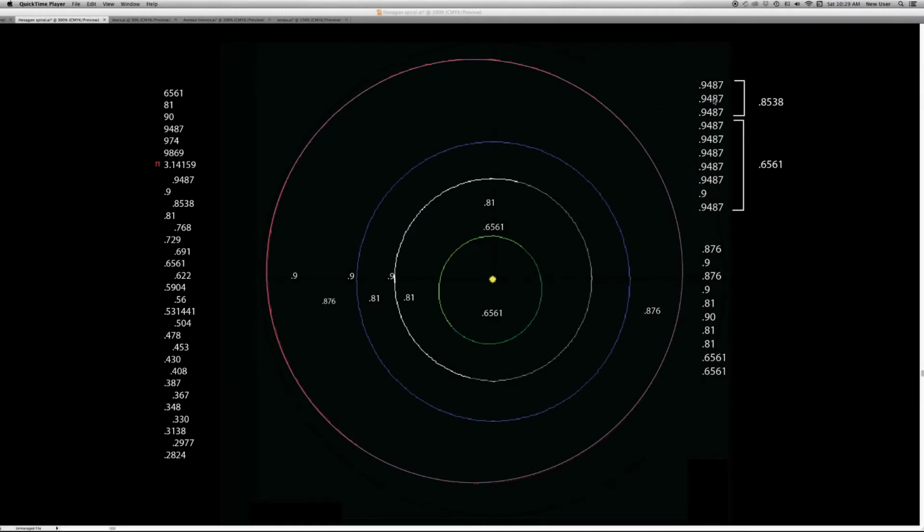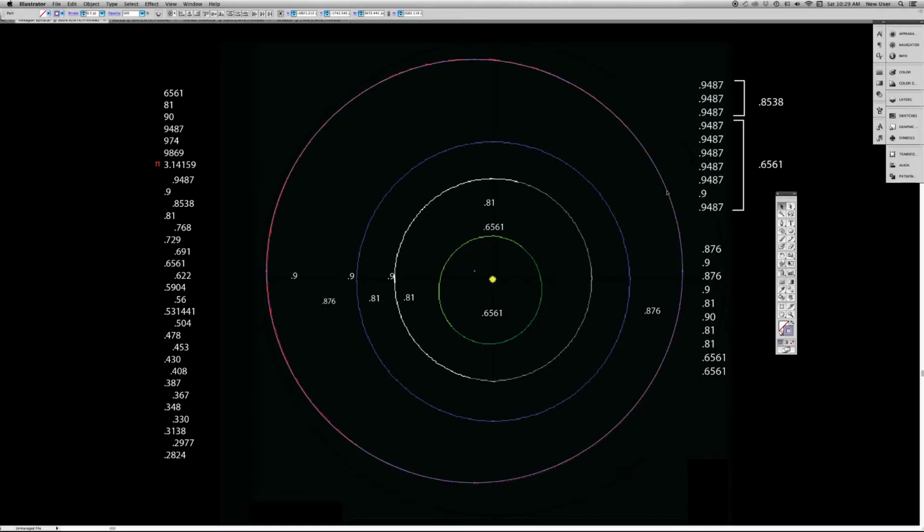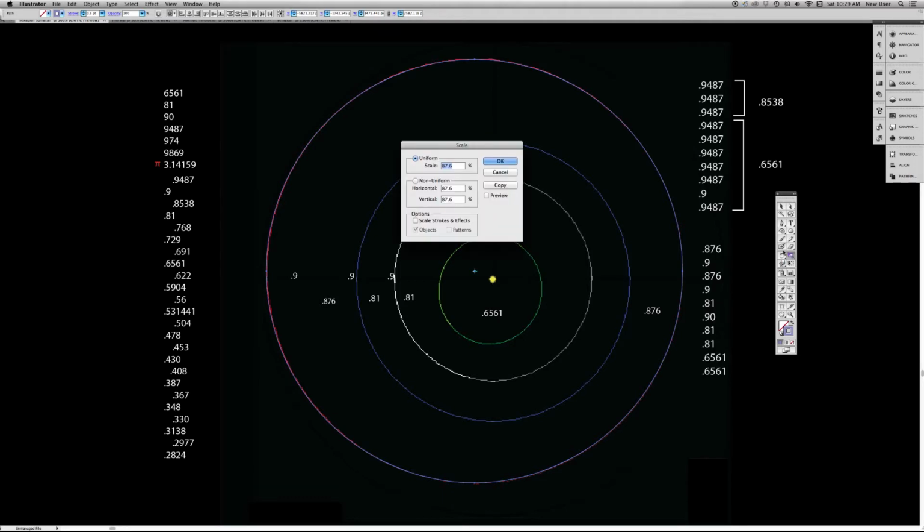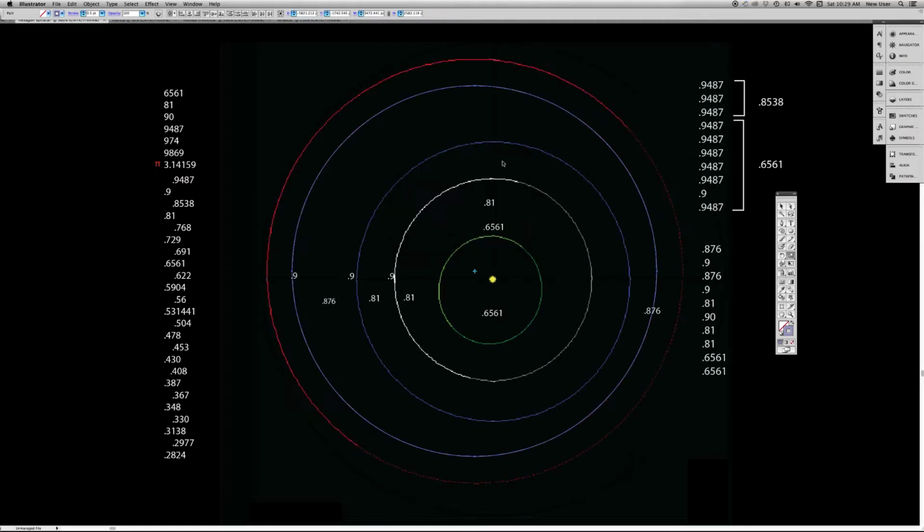These numbers here, this feast of 9487s, is outside of the orbit of Mars. But I'm going to begin with the orbit of Mars. There's a circle on it here. So the first reduction is an 876. I can do that.